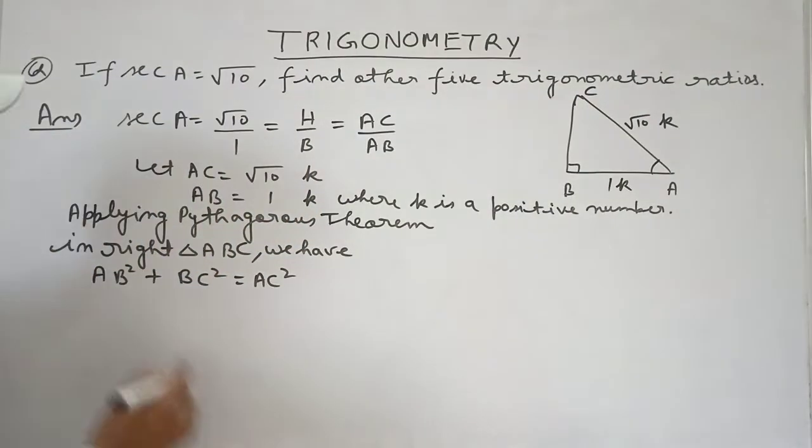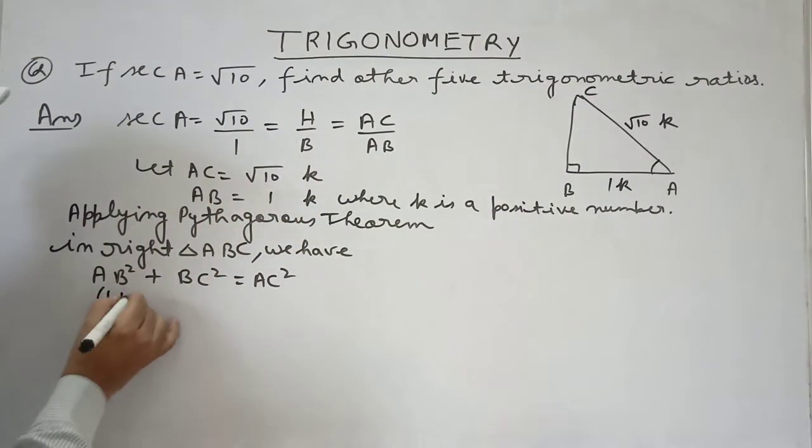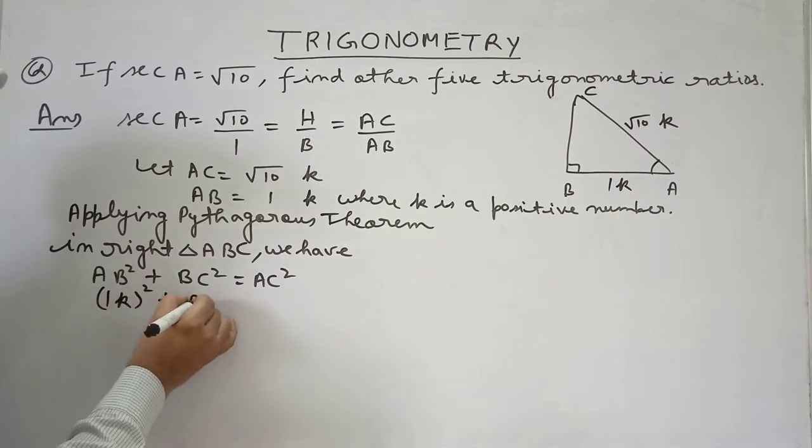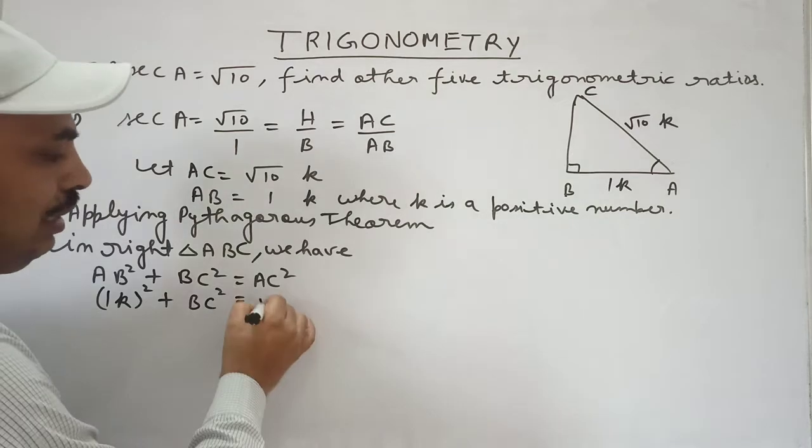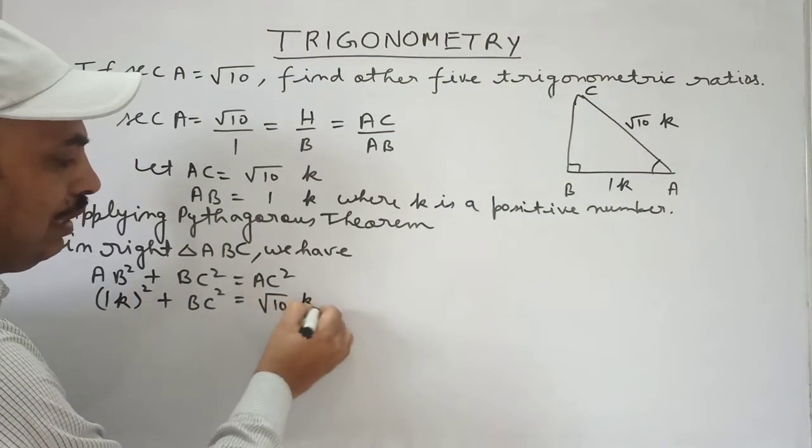What is AB? AB is 1k. What is BC? BC we have to find. What is AC? AC is root 10k.